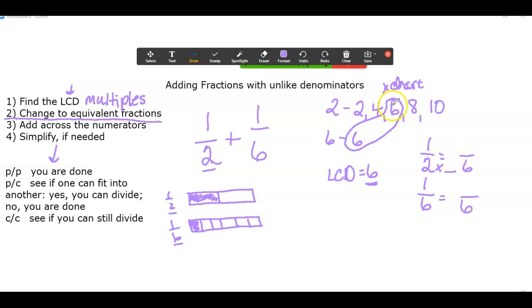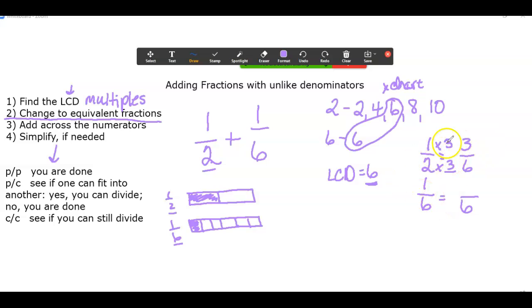Well, if I don't know, I can go up here and count. 1, 2, 3. So 2 times 3 is 6. What I do to the bottom, I must do to the top. So since I multiplied times 3, I multiply times 3 up here. So 1 times 3 is 3.